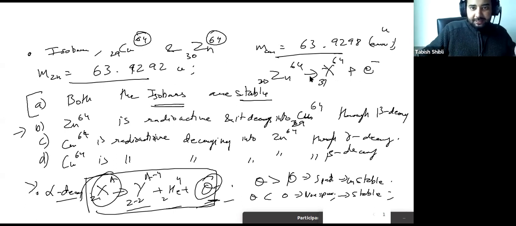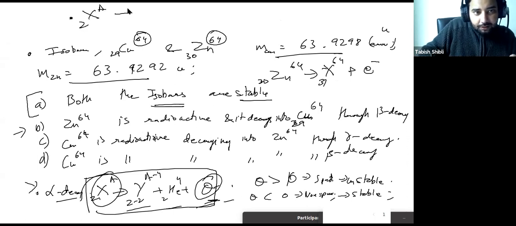Because that's how beta decays work. In a beta decay, you have an X with Z, A going to a Y with Z plus 1, A, plus an electron plus an anti-neutrino.